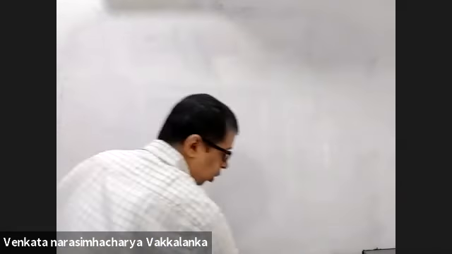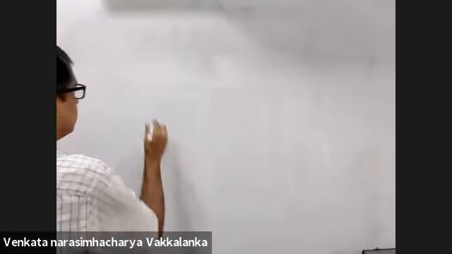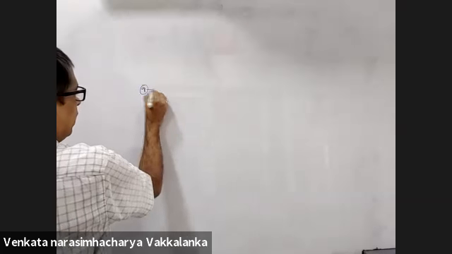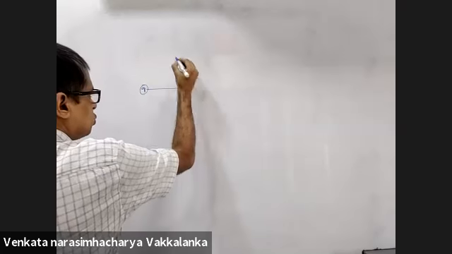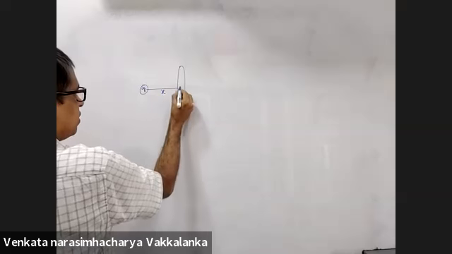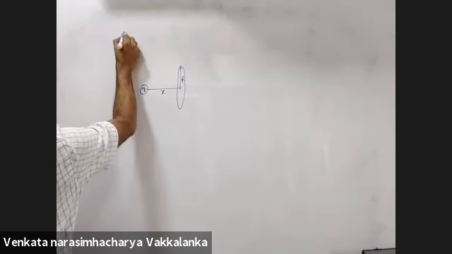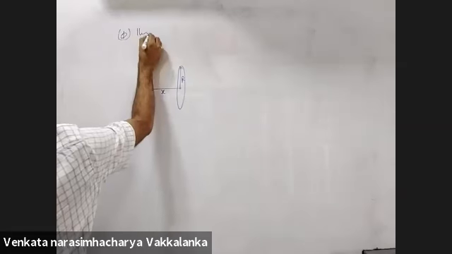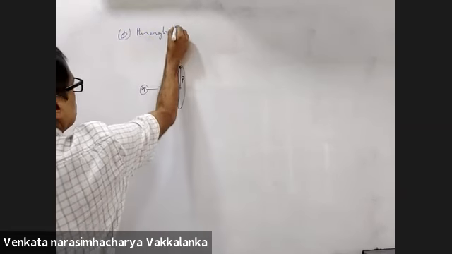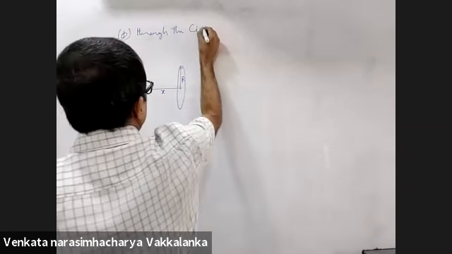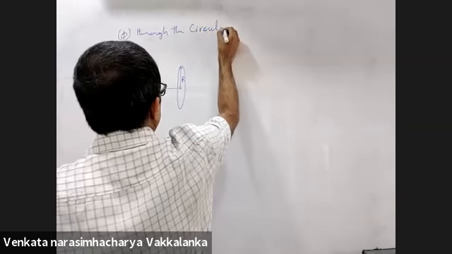Now, what if I have got only one charge Q and I ask you the flux through this particular face, the circular disk at a distance of x of radius r.